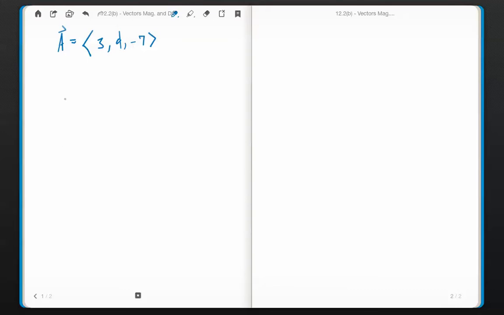All right, but I'm going to introduce a new topic now with the black pen that I'm going to call unit vectors. What is a unit vector?